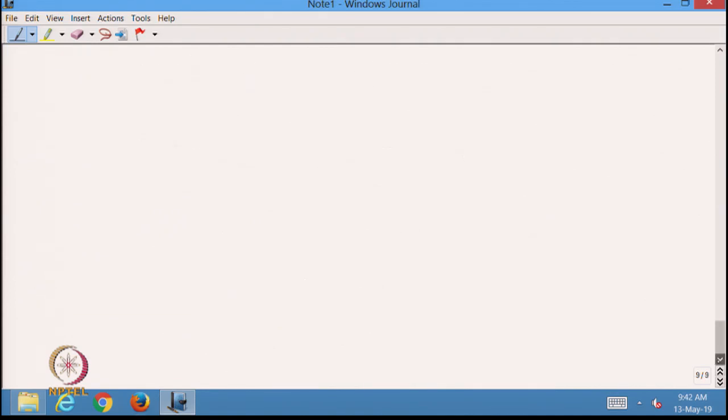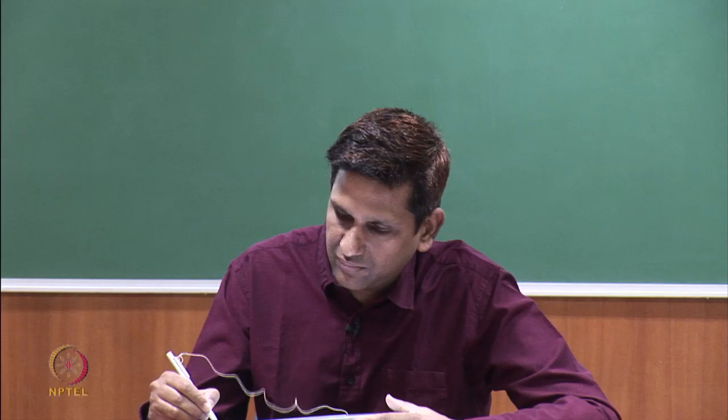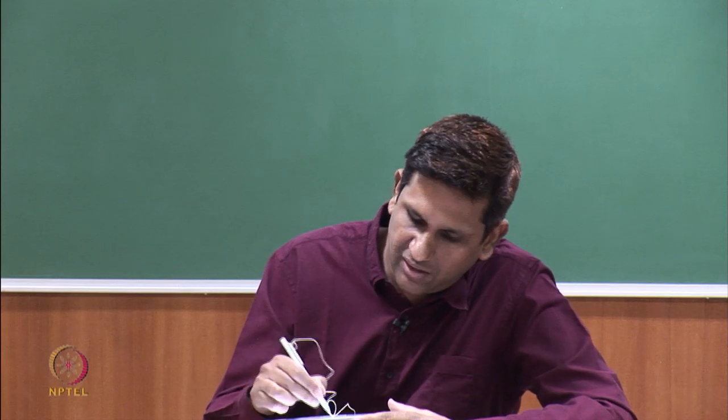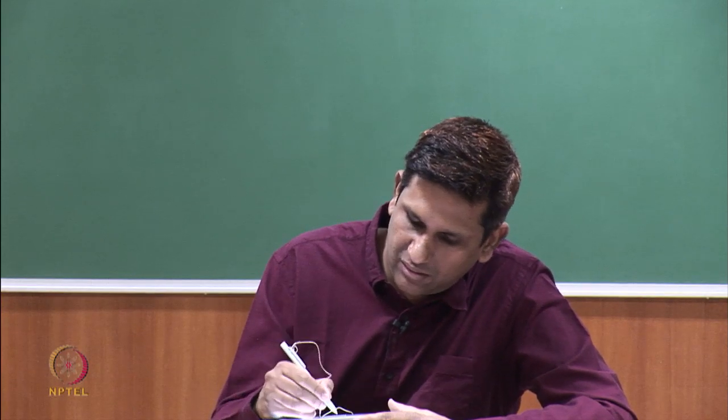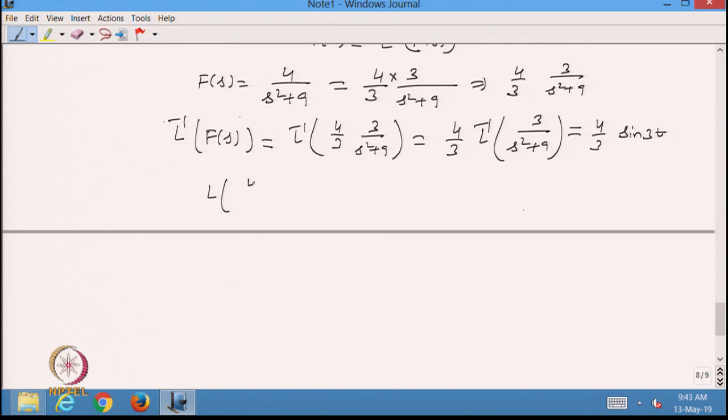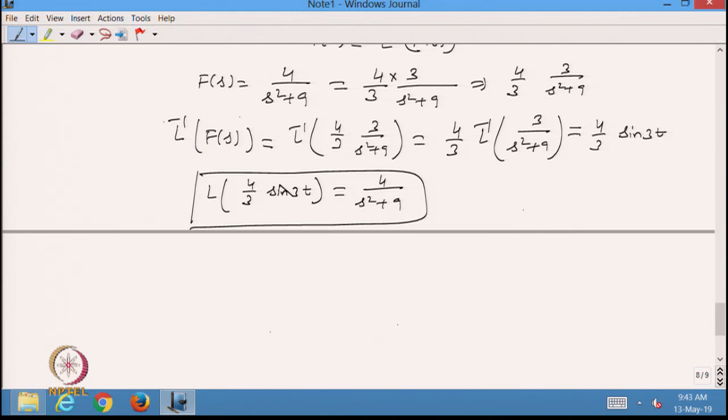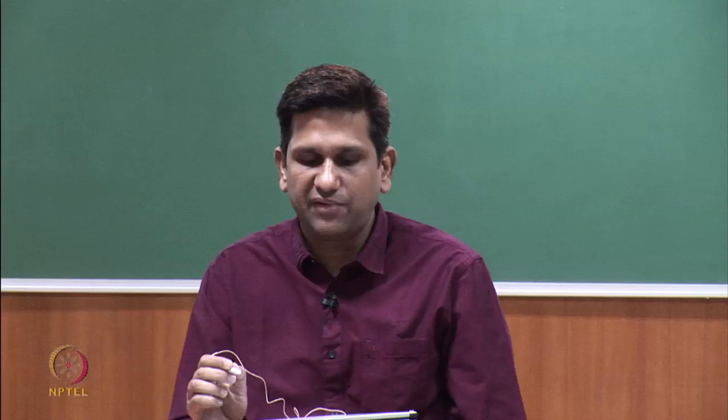So, from here I get the solution, and that solution gives me that the Laplace transformation of 4 by 3 sin 3t is equal to 4 by s square plus 9.